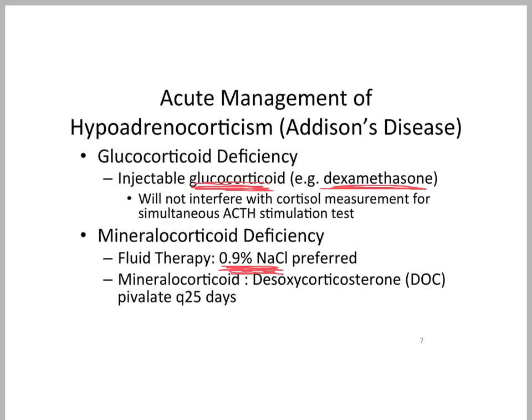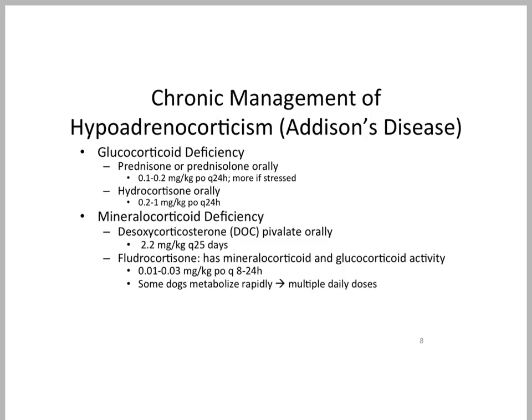And the other piece that you start at the beginning is to identify a way to give mineralocorticoid. We'll use the same product that we generally use for chronic cases, a pharmaceutical preparation called DOC-pivalate. Desoxycorticosterone pivalate is given IM, once every 25 days, and we'll talk about how that's monitored.